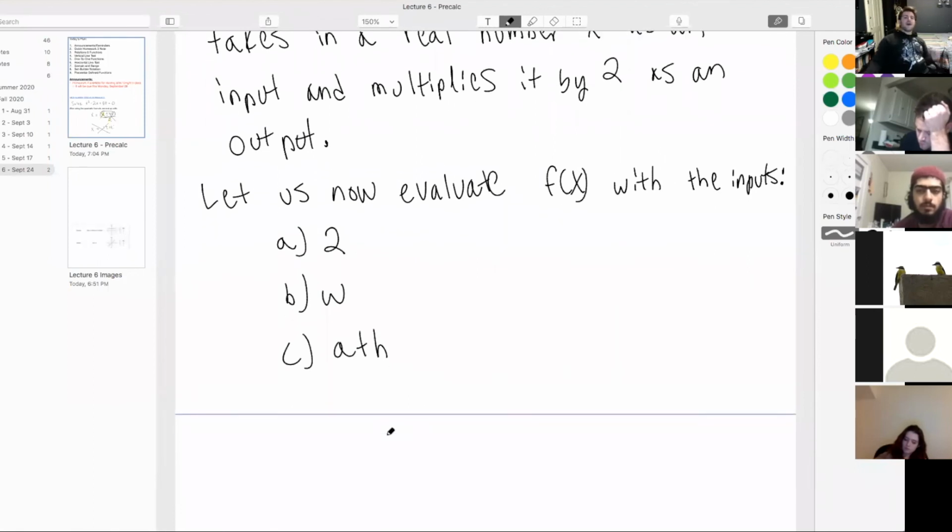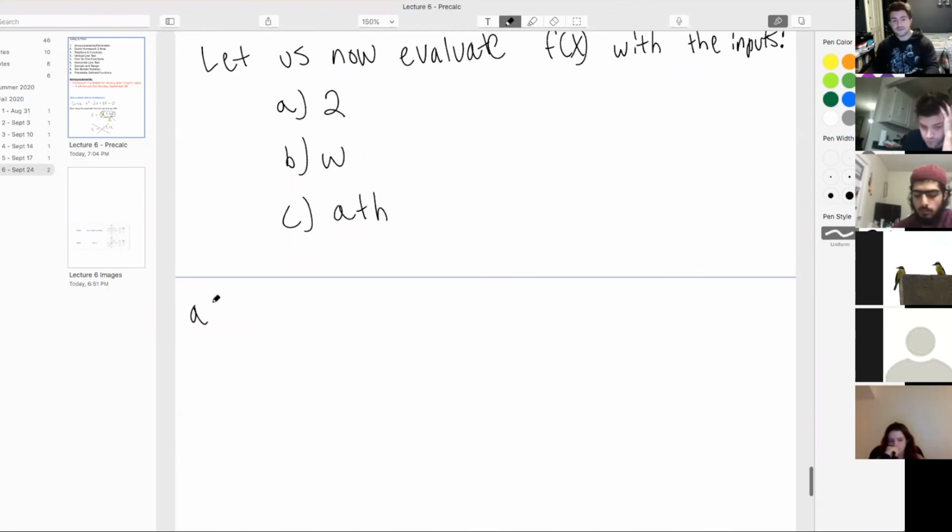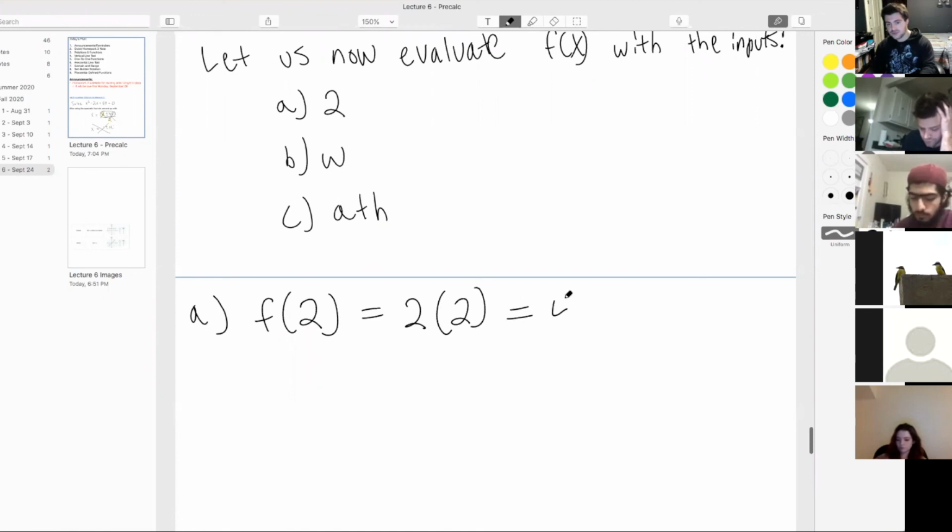When I say evaluate f of x at these inputs, I mean I want to plug in 2, w, and a plus h into our function and see what they output. So let's plug in 2. f of 2 is going to be 2 multiplied by 2, which is 4, because this function takes in a number and multiplies it by 2. How about w? f of w is just going to be 2 times w.